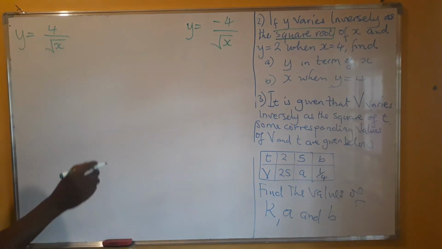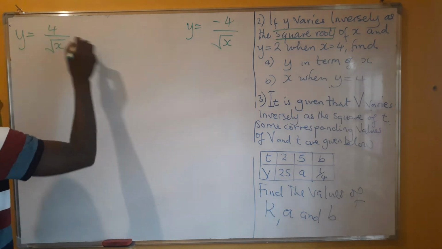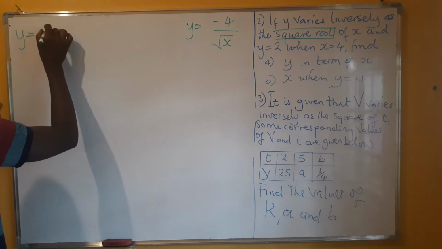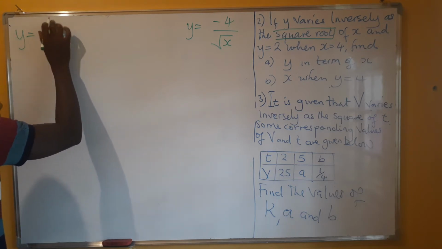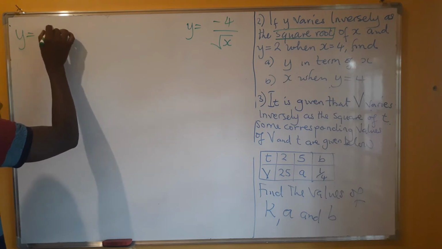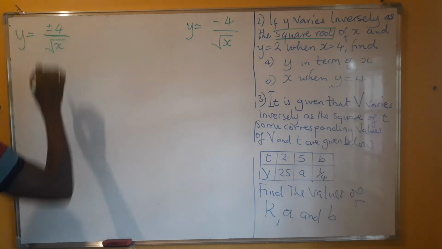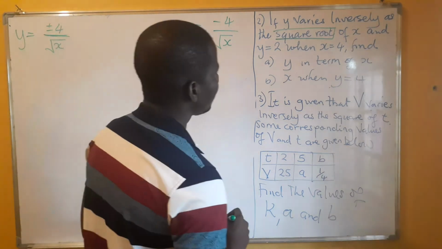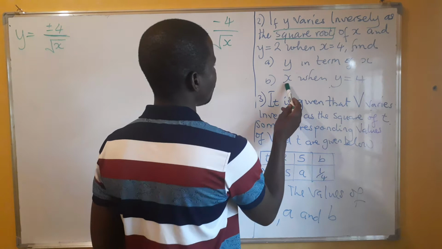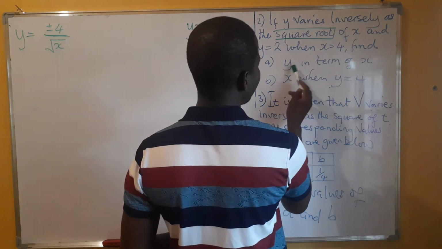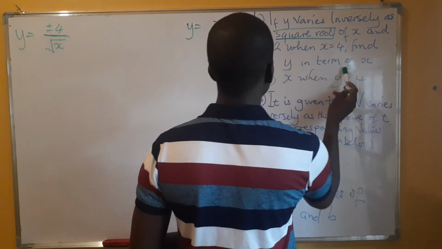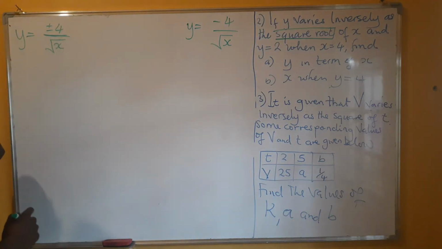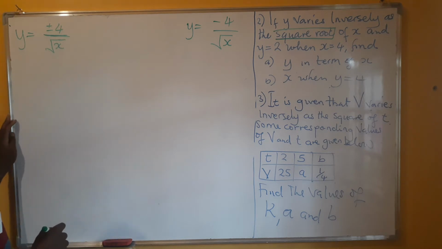The value of y in terms of x is either this one or that one, which in other words we can just say is positive or minus 4 over the square root of x. This is what we are going to get.